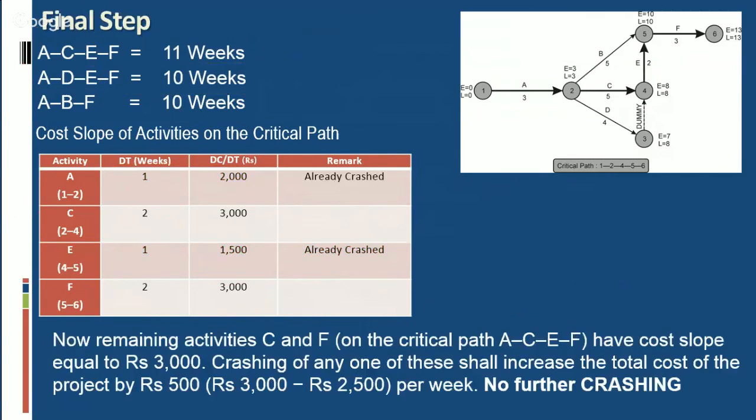Now we move to our final step. Now the revised durations of our three paths are 11 weeks, 10 weeks, and 10 weeks, because crashing of activity A has impacted all three paths, because activity A is part of all three paths.